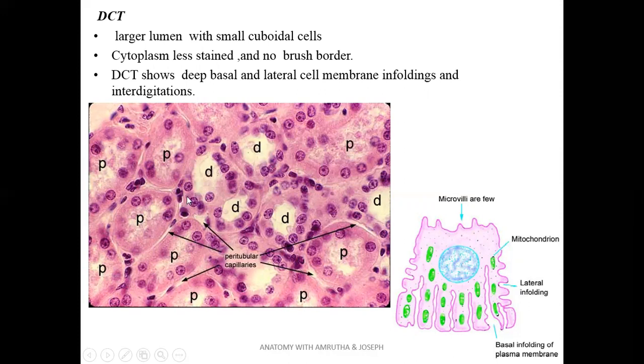So some differences between PCT and DCT can be seen: the DCT has a large lumen and not well stained cells, whereas the PCT cells are deeply stained and the lumen is smaller due to the presence of microvilli. There are other differences we will see in the coming classes.